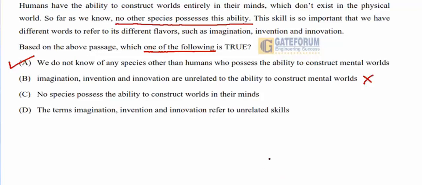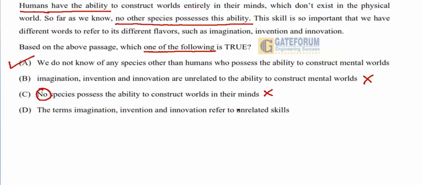The next, no species possess the ability. See, here it has been said, no species possess the ability. But human beings possess this ability, right? Humans have the ability. And human being is a species, Homo sapiens. So naturally this is also wrong.